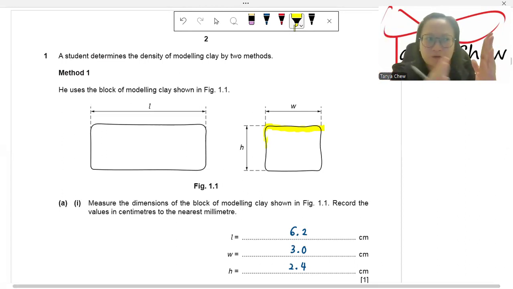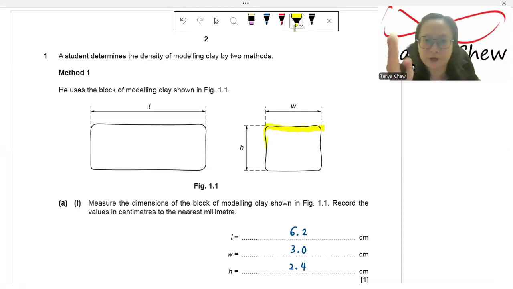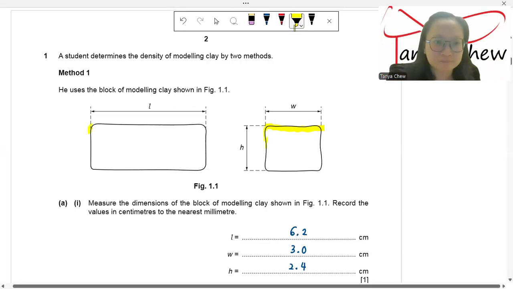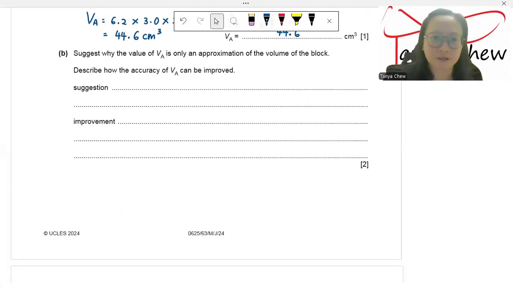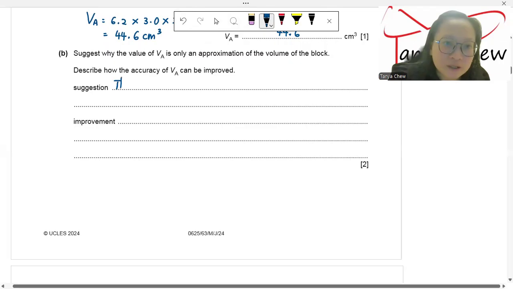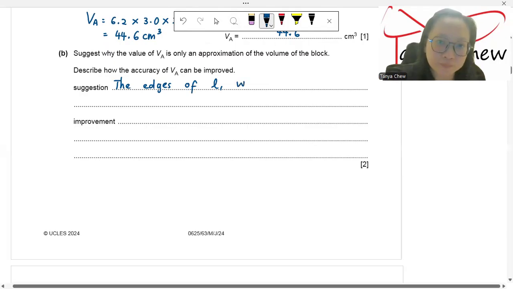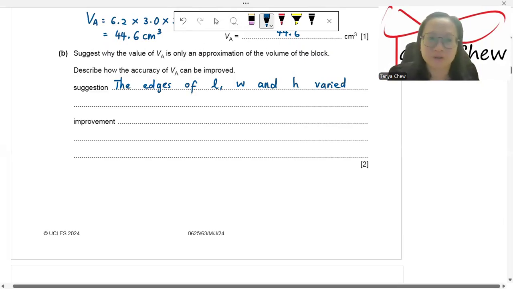They don't have a 100% straight line here. So you just approximate the length, the height, as well as the W. So I would say that the edges of L, W, and H varied. So they are not constant.